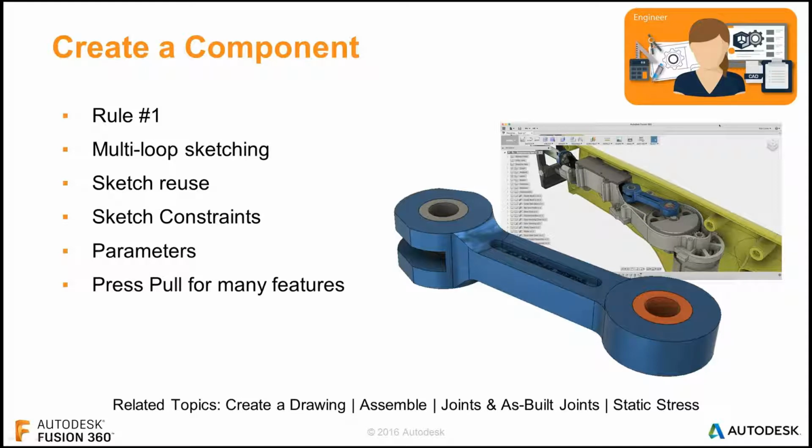If, however, you are quickly just trying to create a design, something that will be static, something that doesn't need to have things sliding around or moving around, then honestly, bodies work just fine. You only really need to go into the components if you're going to start assembling things together.